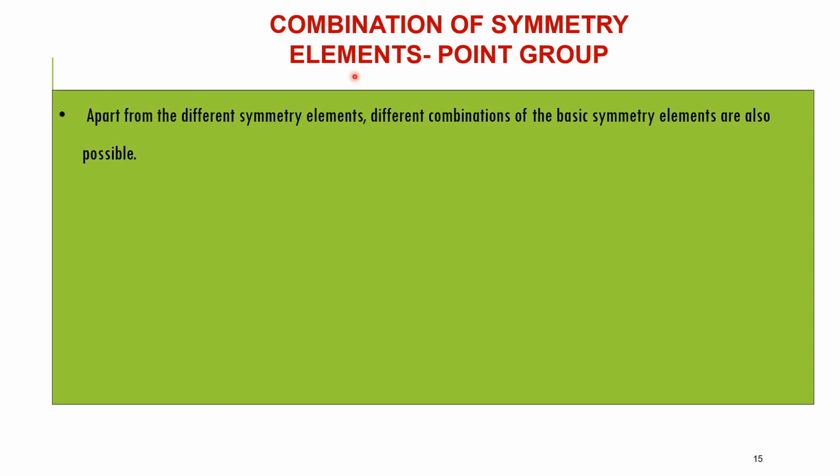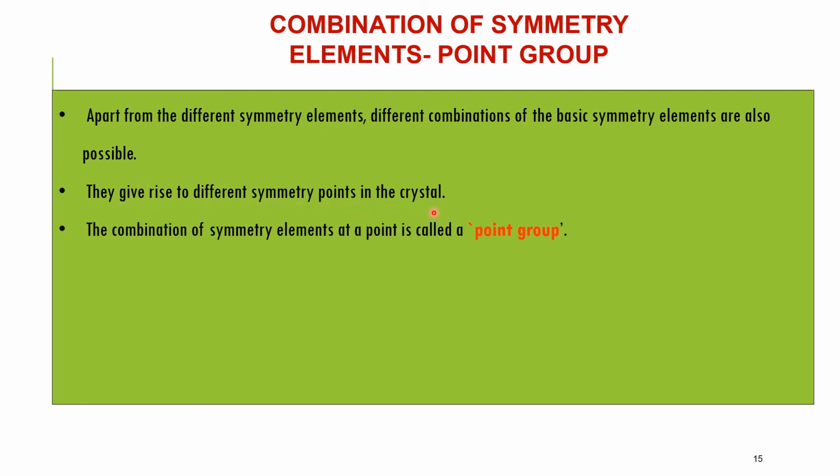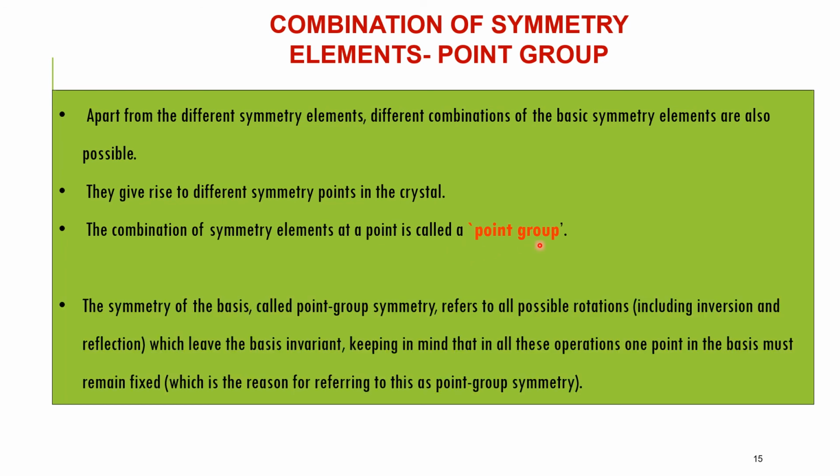Combination of symmetry elements. Apart from the different symmetry elements, different combinations of the basic symmetry elements are also possible. They give rise to different symmetry points in the crystal. The combination of symmetry elements at a point is called a point group. The symmetry of the basis, called point group symmetry, refers to all possible rotations, including inversion and reflection, which leave the basis or the crystal invariant.